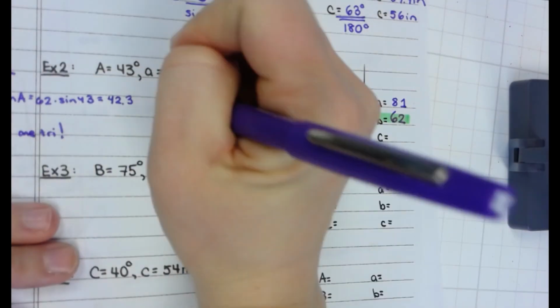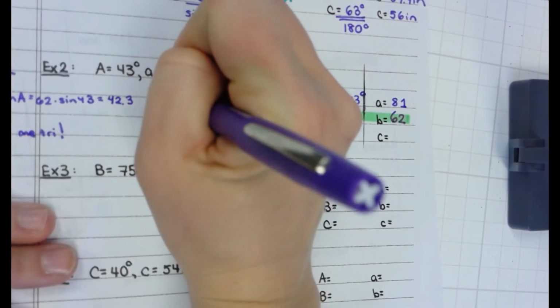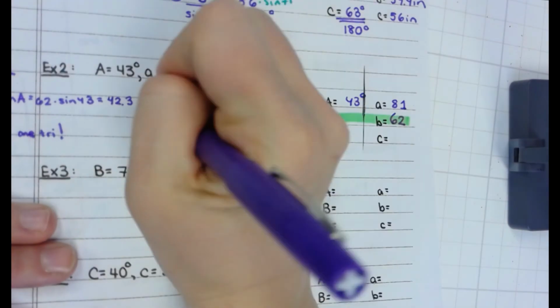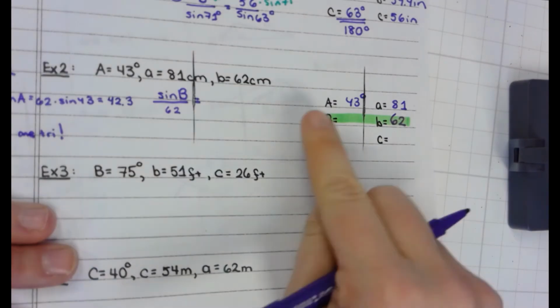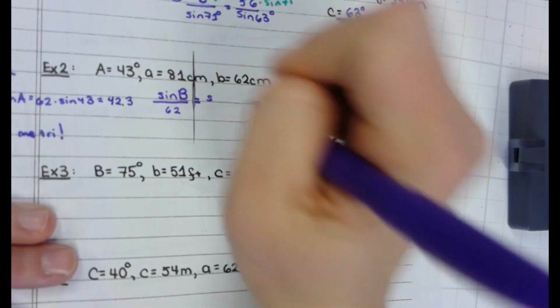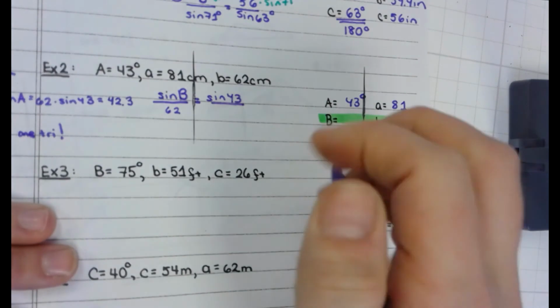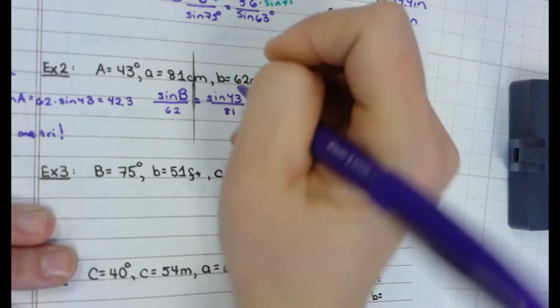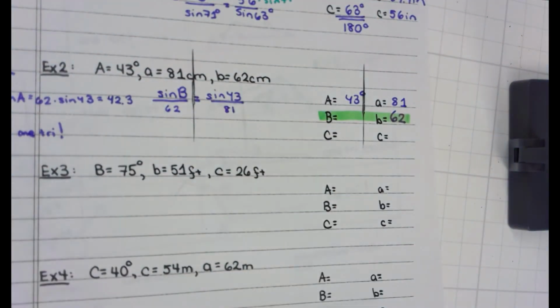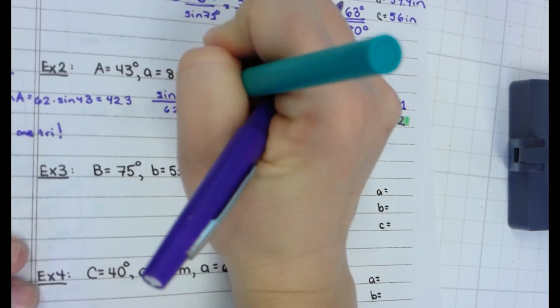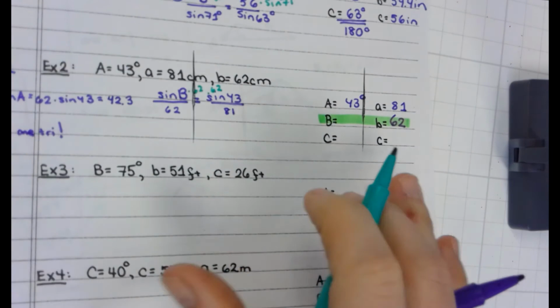Okay, so here we go. To find big B, we are going to do sine of B over the 62 is equal to the sine of 43 over the 81 multiplied by 62. Now you are looking for an angle, so you do not type in sine.